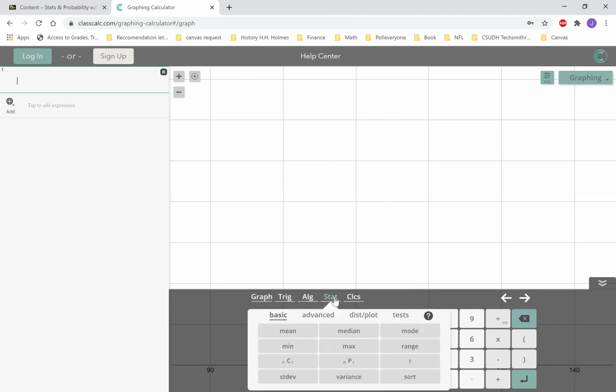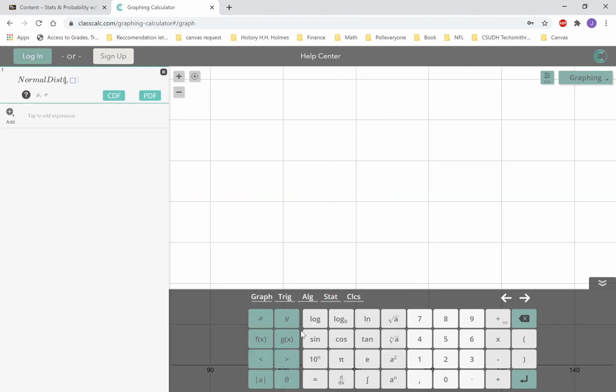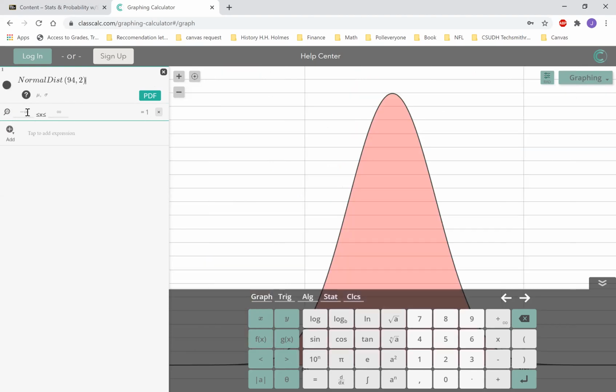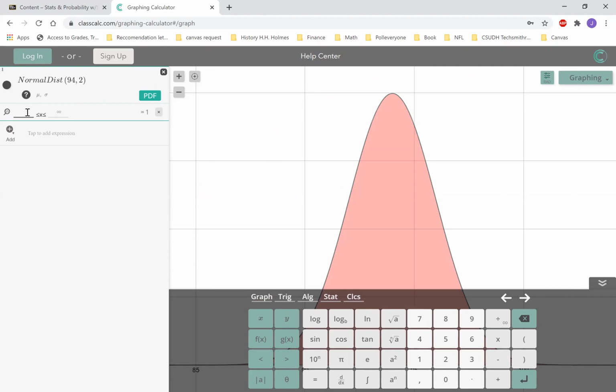All right, so we go to stats, we go to distribution, and let's do normal distribution. You put mean is 94, standard deviation is 2, and then lastly, you put CDF. For the lower bound we said was 100, and my upper bound was infinity.